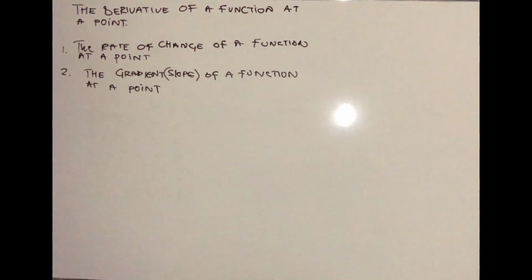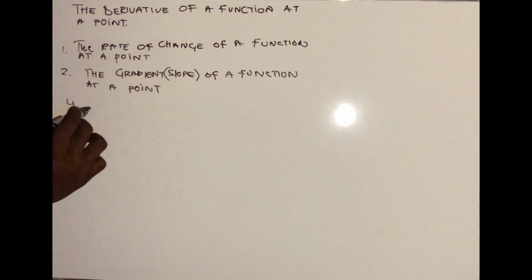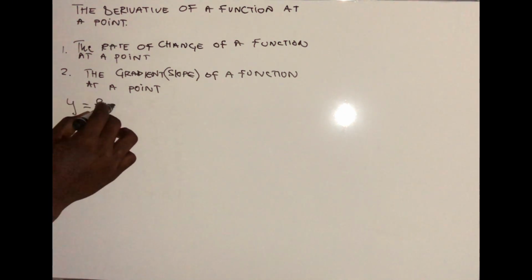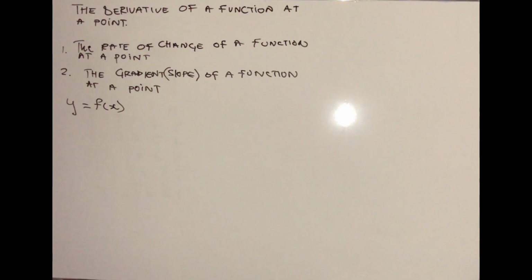So the general formula for calculating a gradient of a function, let's say we have a function y equals f of x. This is our function. So the derivative of this function, we'll find it using this formula.